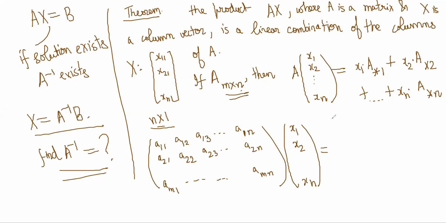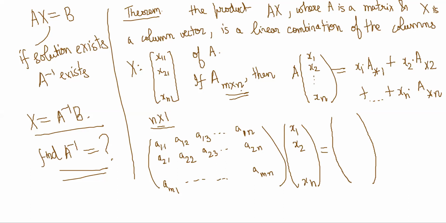M cross 1 means m rows and one column only. So m rows and one column will come.